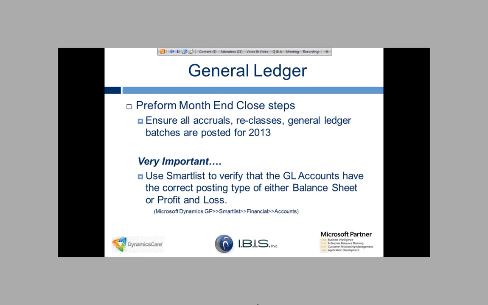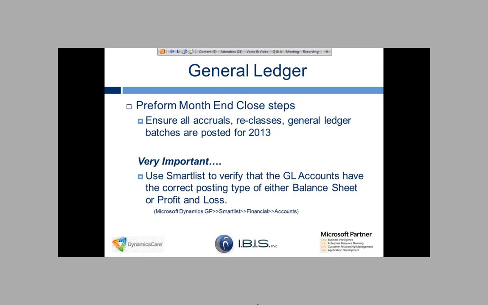The reason for this is because if you have an incorrect GL account, for example, a profit and loss or an expense account that is labeled as a balance sheet account, when you perform the general ledger close at year end, that expense account will not be closed out to retained earnings because you labeled it as balance sheet.